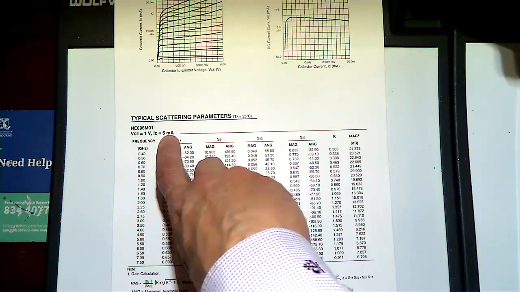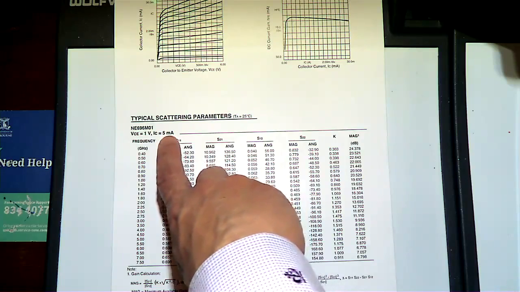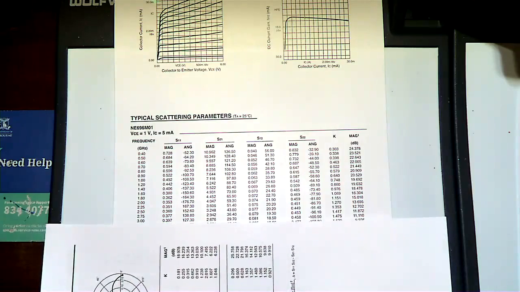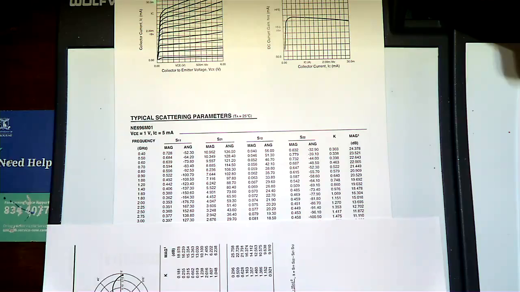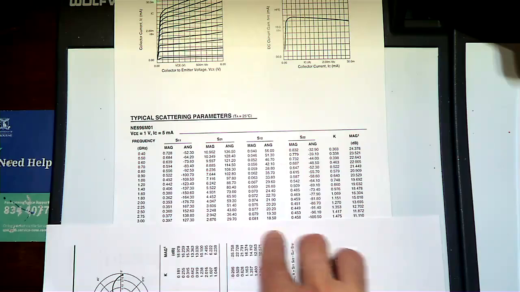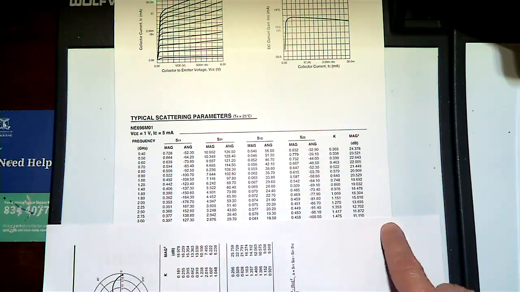If we have those biasing conditions and we want to operate this circuit at 3 gig, these are the scattering parameters for this device. We'll talk about gain of the circuit and the like, but essentially this is telling us that if I've got a transistor and I've biased it, these are the scattering parameters.